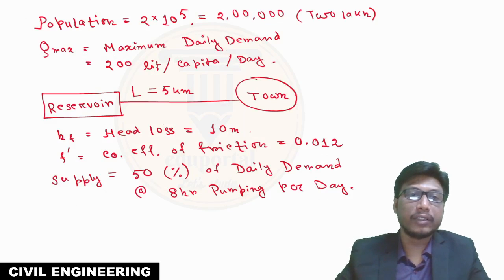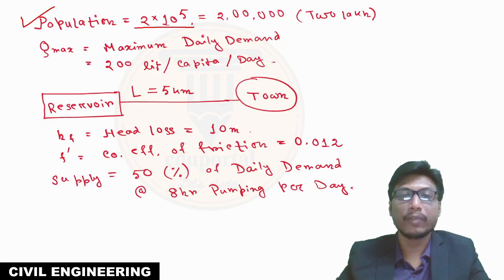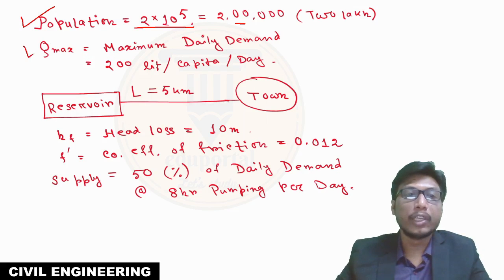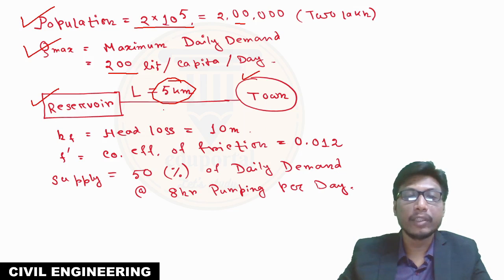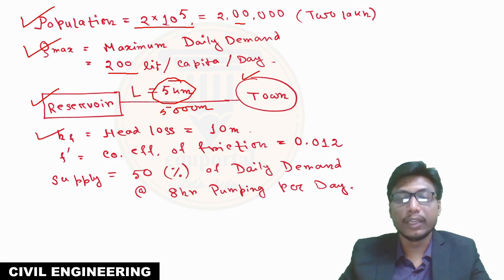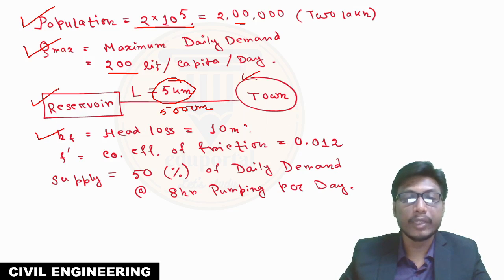Here is the question in short. Population is 2 into 10 to the power 5, that means 2 lakh. Q max, the maximum daily demand, is 200 liters per capita per day. The distance from the reservoir to the town is 5 kilometers, that means 5000 meters. HF is the head loss due to friction, which is 10 meters.